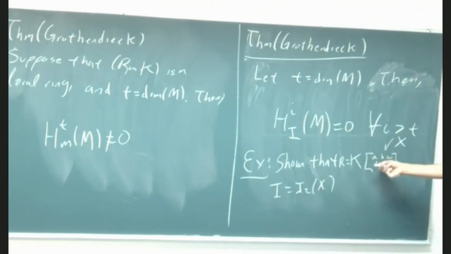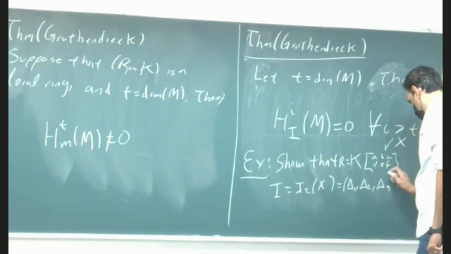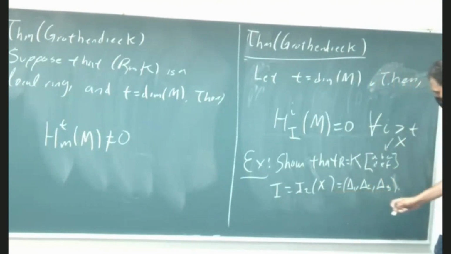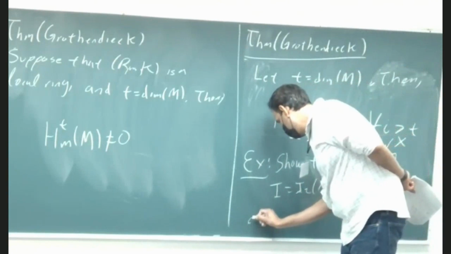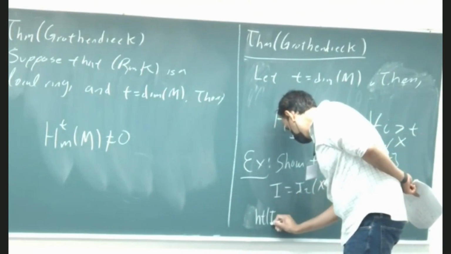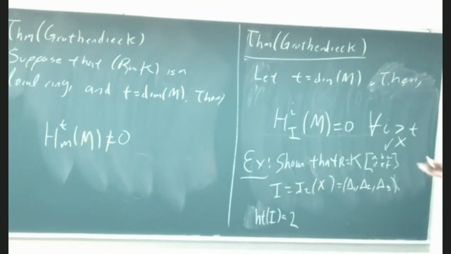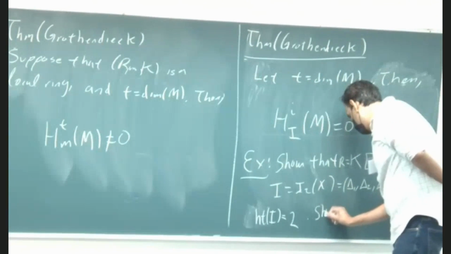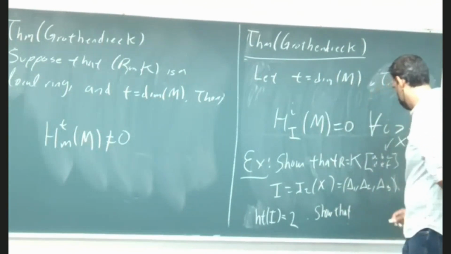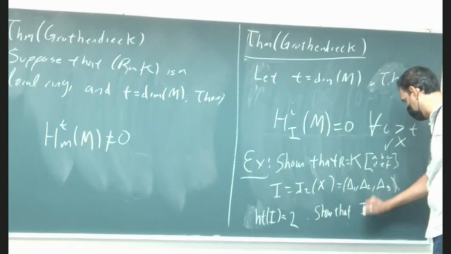This has 3 minors. Show that the height of this ideal is equal to 2. So we know that this ideal cannot be generated by fewer than 2 elements. But we have 3 generators. Exercise: show that this one is generated by 3. It cannot be generated by 2.